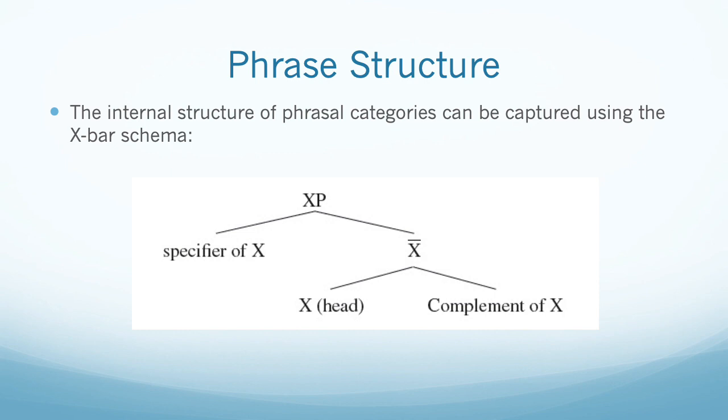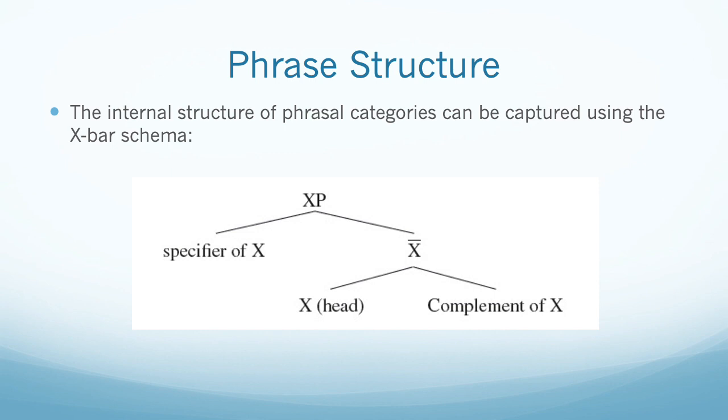The phrase has two branchings. To the left, we have a slot for the specifier. And to the right, we have what's called the X-bar level. This is an intermediate level between the phrasal category at the top and X, or the head level below it.